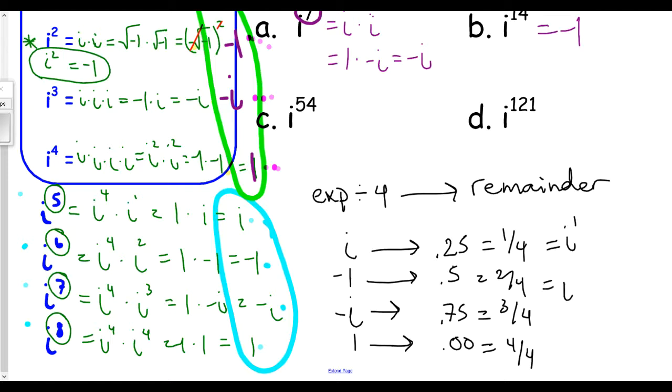This one will be the same thing as i squared. This one will be the same thing as i cubed, and this one will be the same thing as i to the 4th. Okay, so that's coming from whatever these little numerators are.